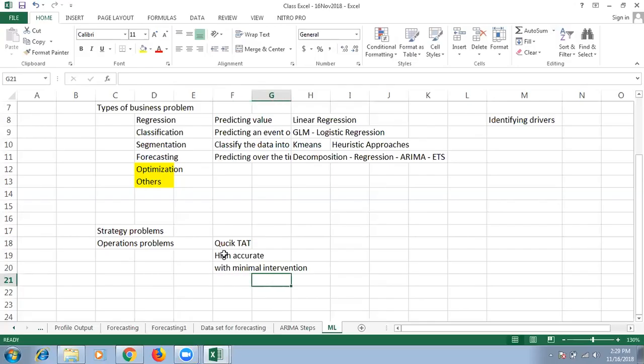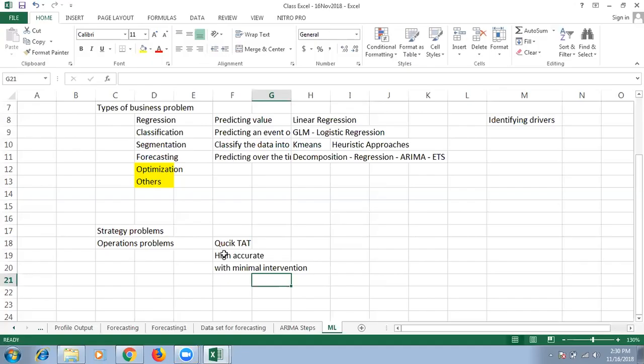So this is the place where, for the existing models which I have explained till date, my focus will not be on how accurate something is. My focus is more on whether I am able to get a solution, and whether the solution is able to help me take some kind of a decision, but it's not necessarily a quick decision.